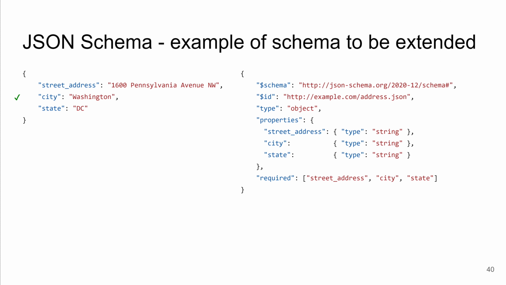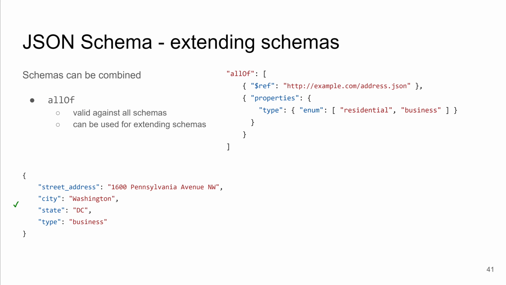We can add another key value pair right away, but it wouldn't be validated because the schema doesn't know about the new key value pair. And if we add a new key value pair and we want it to be validated, we of course can do it by taking the schema, copying it, and adding the newly added value. But there is a way of actually reusing this schema that we already have and just adding our new value.